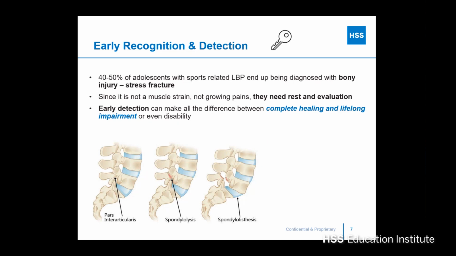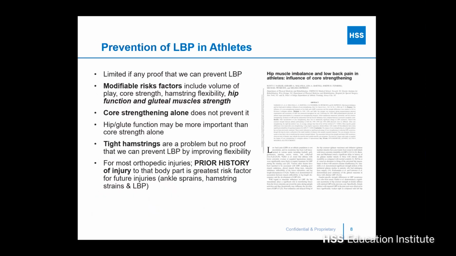If we don't recognize an injury that's somewhere between these two stages before we actually get a break and a lysis there, it can progress to a spondylolisthesis, and that can cause some ongoing impairment, decreased sports performance, but even long-term contribute to an earlier onset of stenosis and disability in the spine. So, prevention of lower back pain.